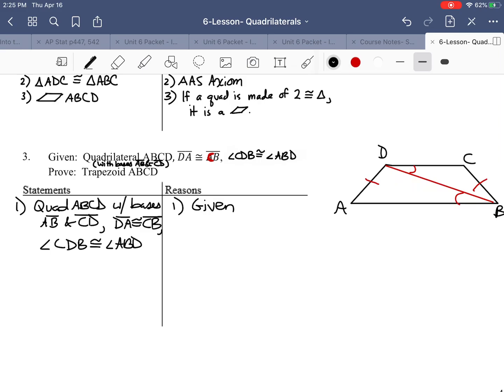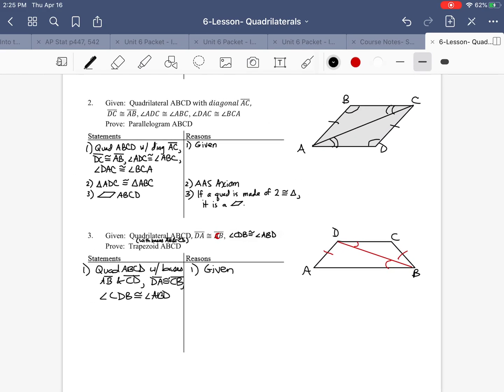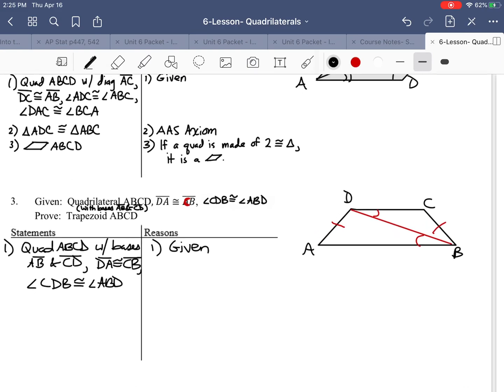It's pretty crystal clear. One thing you might want to consider thinking about when you're trying to prove something about a quadrilateral is the triangles, whether or not they're congruent. A little tip, like in number 2, those triangles look like they were congruent. If the triangles don't look like they're congruent, they're not going to be congruent.